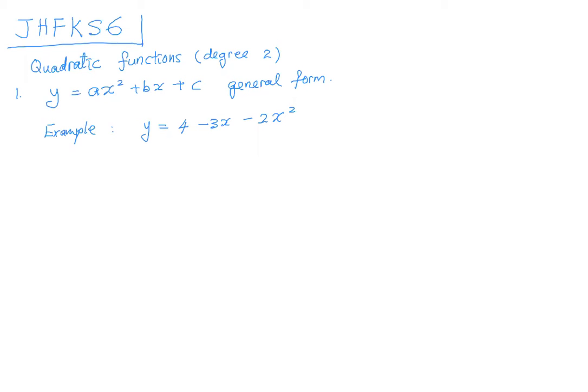In this general form, A is what? A is -2. The coefficient of x squared.